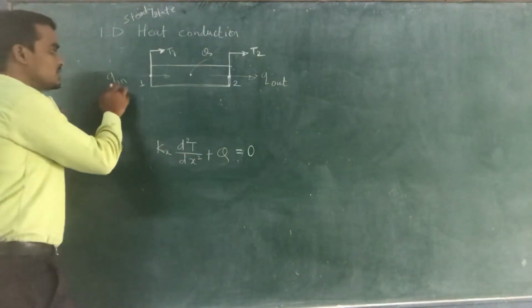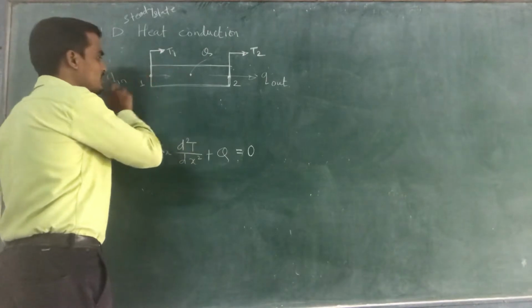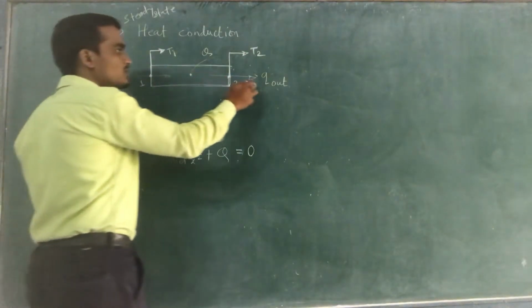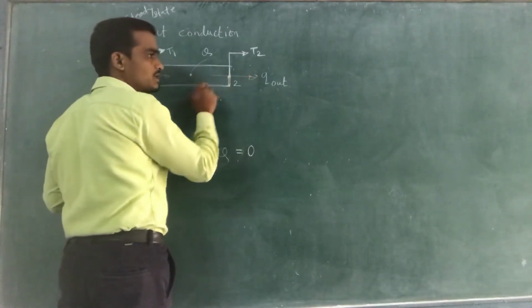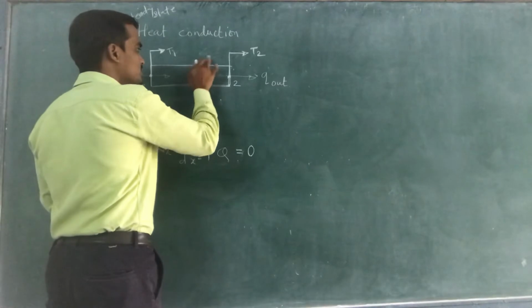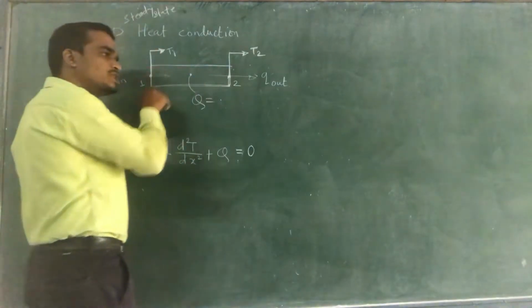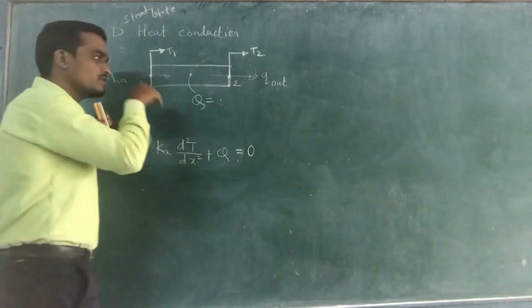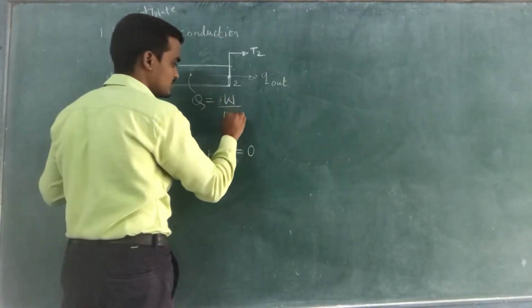This Qin is nothing but the heat conducted inside the element, and Qout is nothing but the heat going outside the element. This capital Q is the heat generated within the element or within the body, and it is given in watt per meter cube.